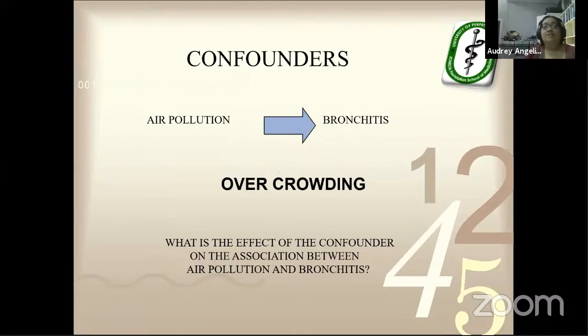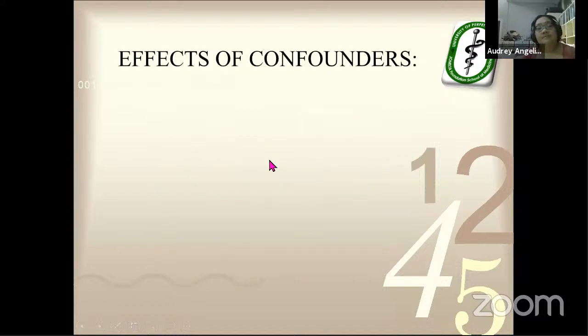Overcrowding. It is not your independent or your dependent variable, but it is associated with both air pollution and bronchitis. So it affects the two entities, but it is not the variable.